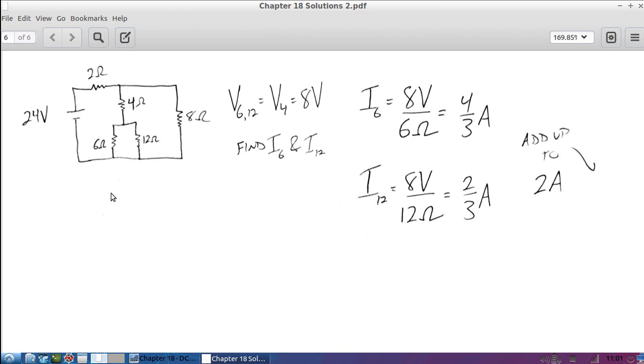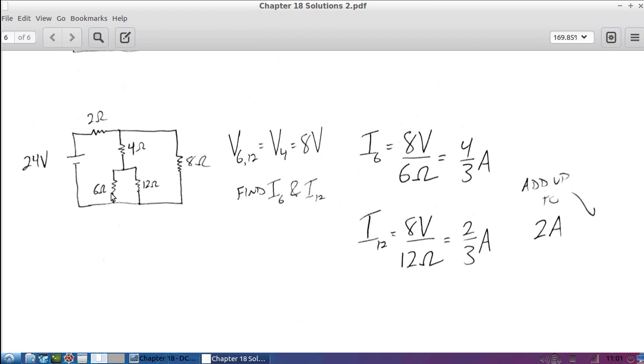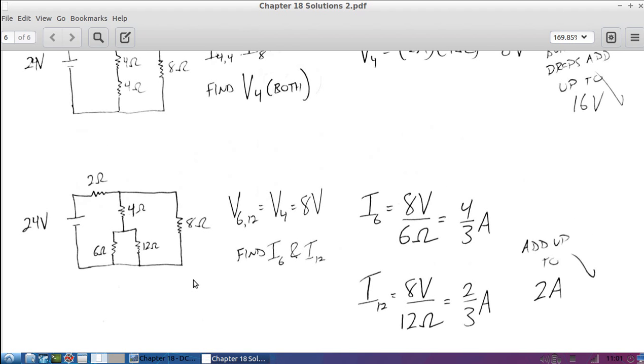So these are some pretty decent basic examples, which I like to use because they're various combinations of resistors in series and parallel, and it involves, especially this one, a lot of steps and applying the rules many times.